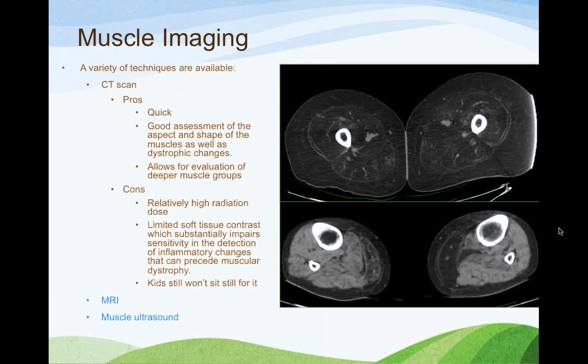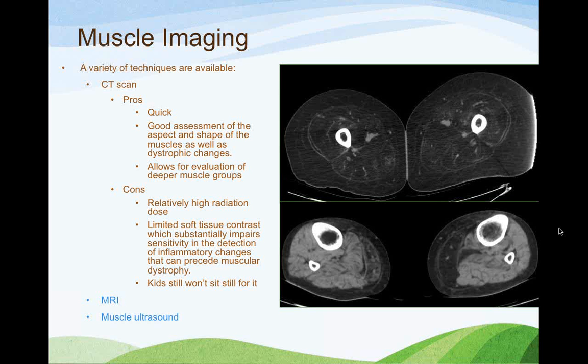In terms of muscle imaging, there's a variety of techniques available, and this may or may not be used regularly in an outpatient clinic setting for a variety of reasons. One of the most important reasons in the pediatric population is that kids can't generally lie still for imaging, and they often require sedation for it.